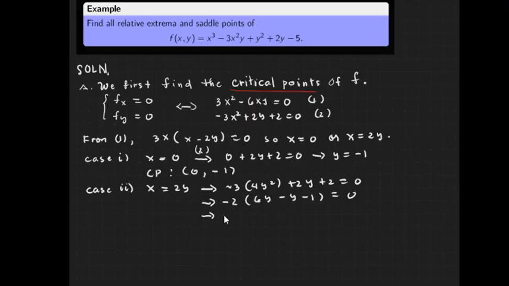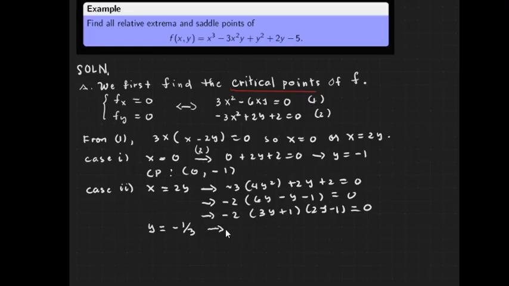And then the quadratic factors into (3y plus 1) times (2y minus 1) equals 0. Note that the solution to the first equation, 3y plus 1 equals 0, is y equals negative 1/3.